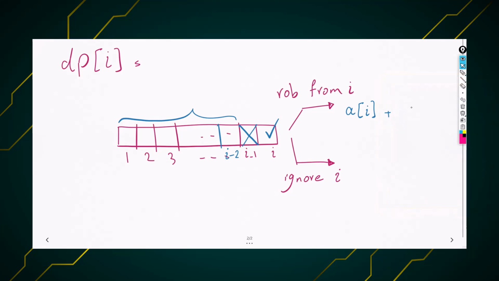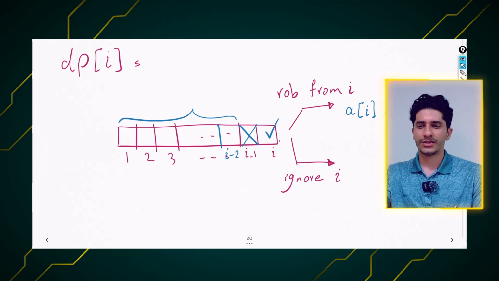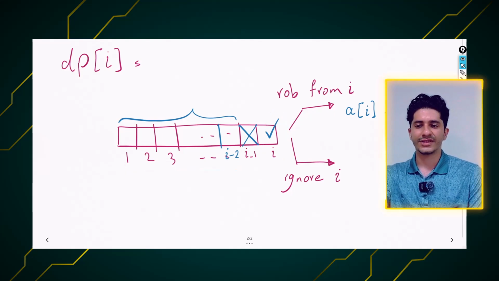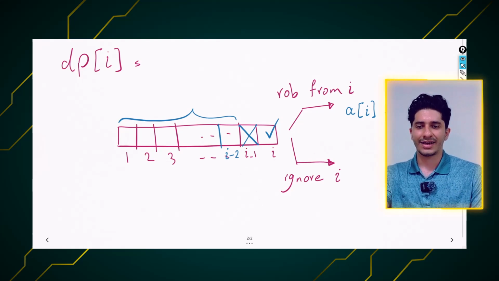So the first case is going to be a of i plus dp of i minus 2, because we chose house number i, and also from these first i minus 2 houses, we want to get the maximum value with the problem's constraint. And if you look at the definition of dp from the previous page, you will know that this is exactly the number dp of i minus 2, which is already calculated.